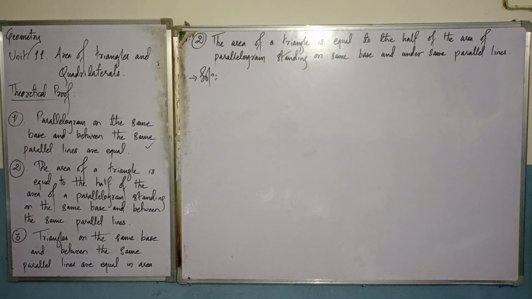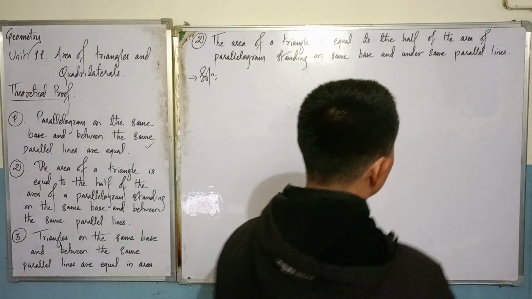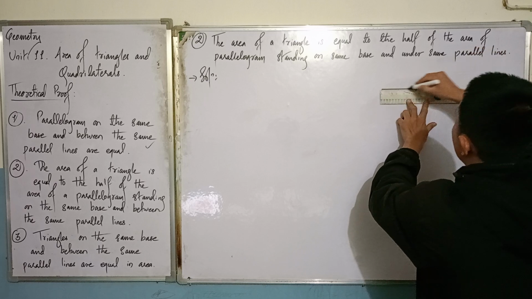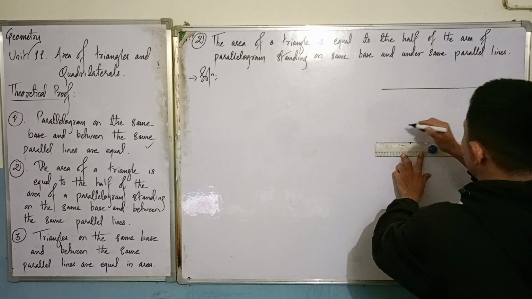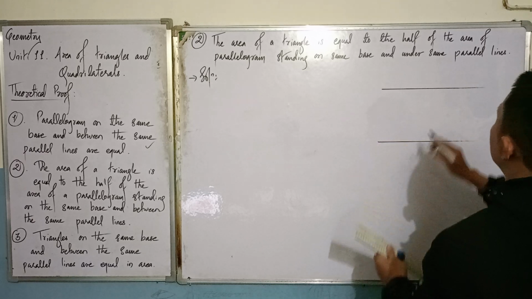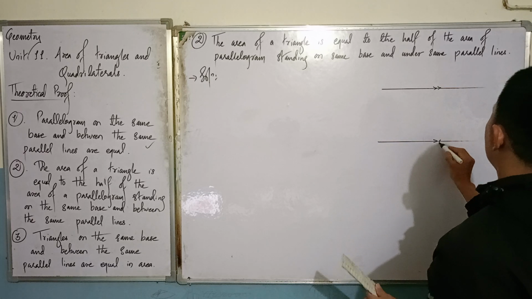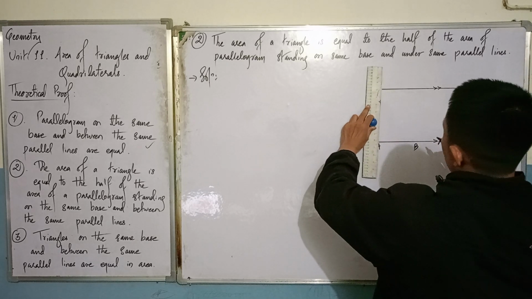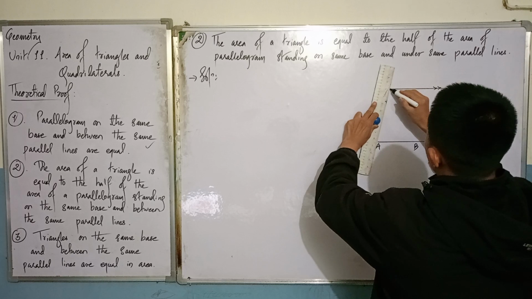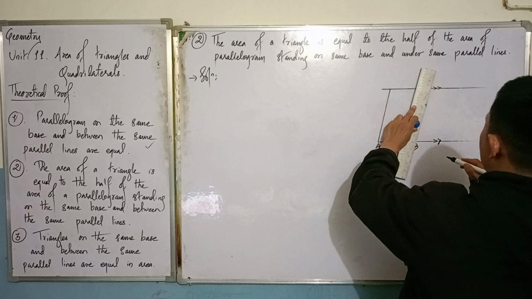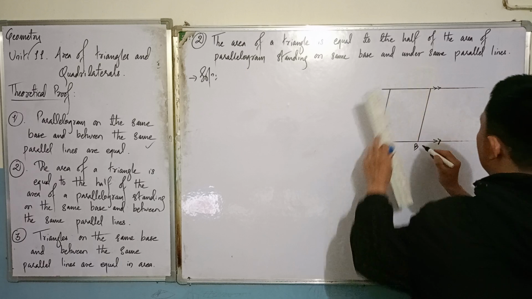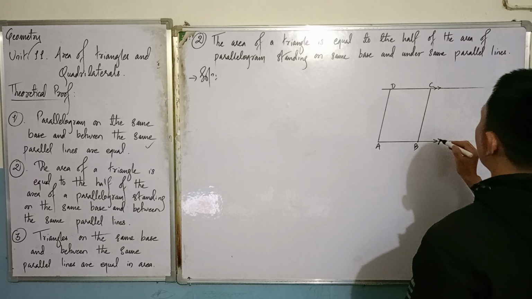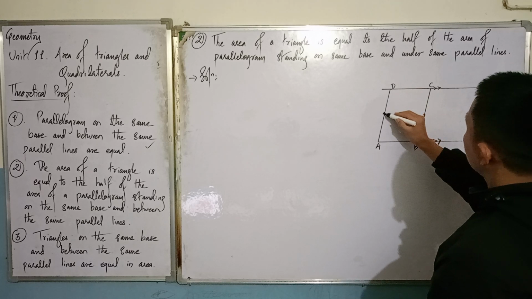Let's first make the figure. The figure is important, very mandatory. So just draw parallel lines, opposite parallel lines. Now let's say AB will be the base. I'm going to make here a parallelogram ABCD. Let's name this CD. These two lines are parallel, and this is also parallel.